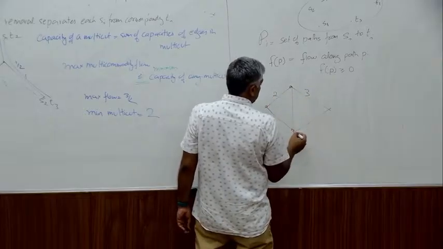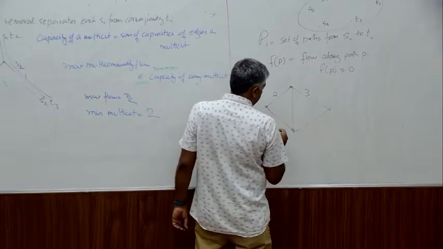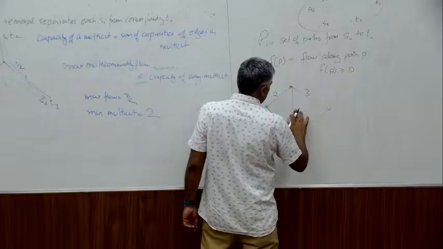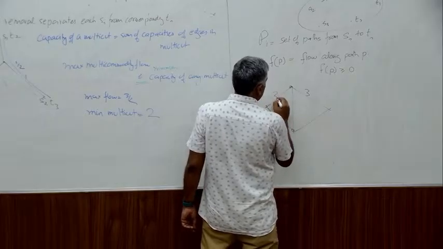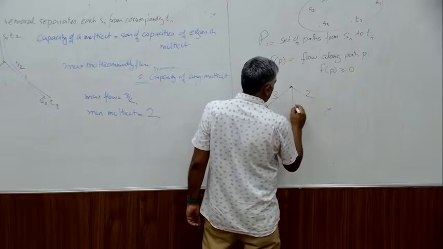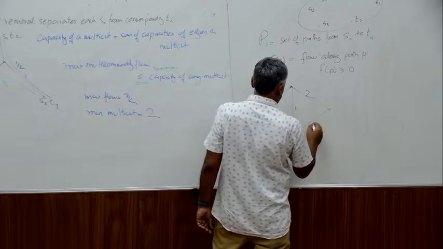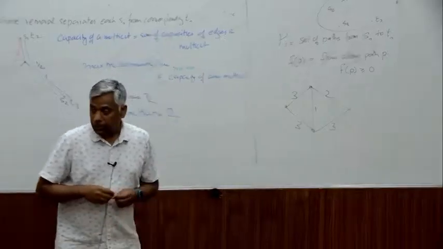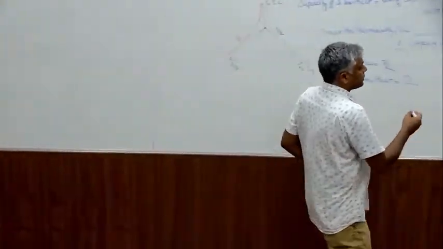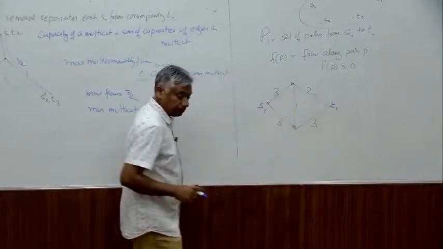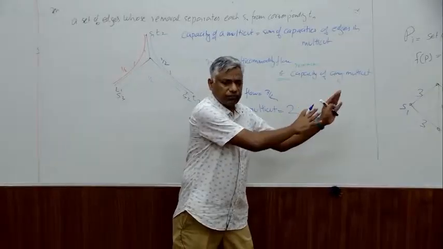So let's say this is the flow, talking about the single commodity. This is the flow from S1 to T1, or S to T. Not the capacity, this is the flow.